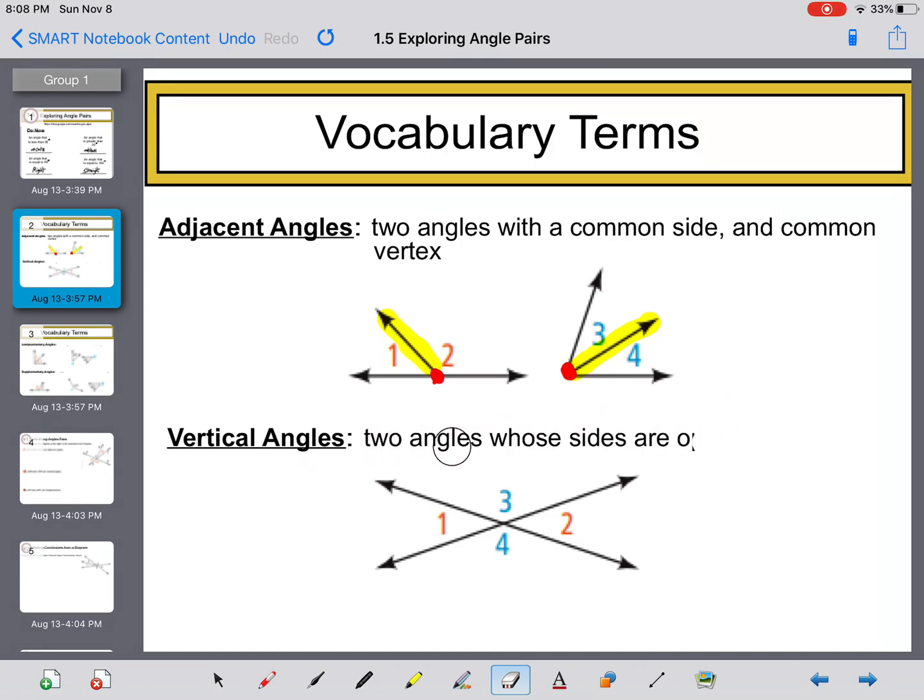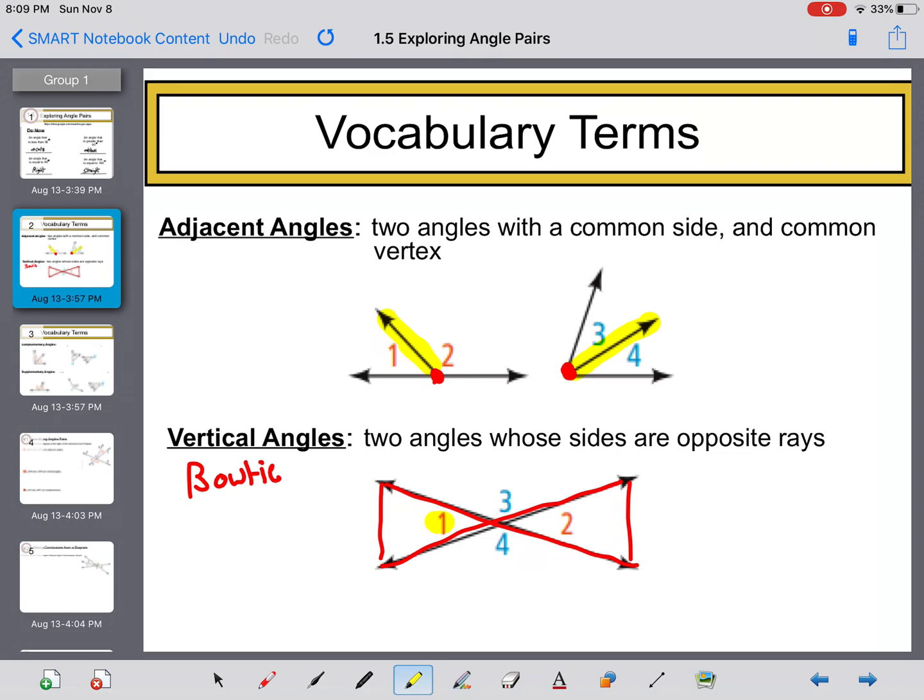Vertical angles. Two angles whose sides are opposite rays. Okay? Easiest way to describe vertical angles is you're looking for a bow tie like shape. If you notice, you have your bow tie here.